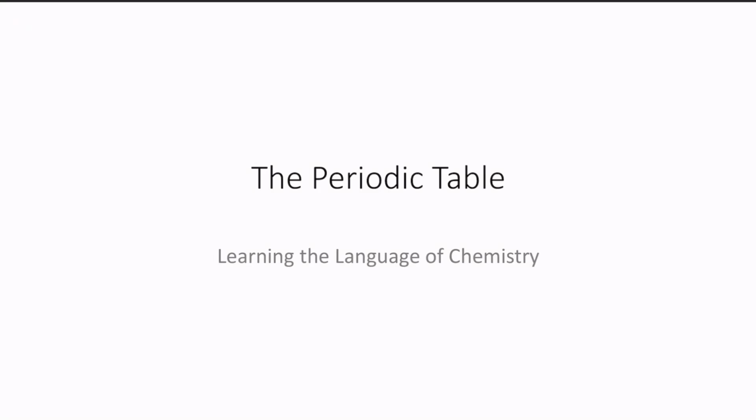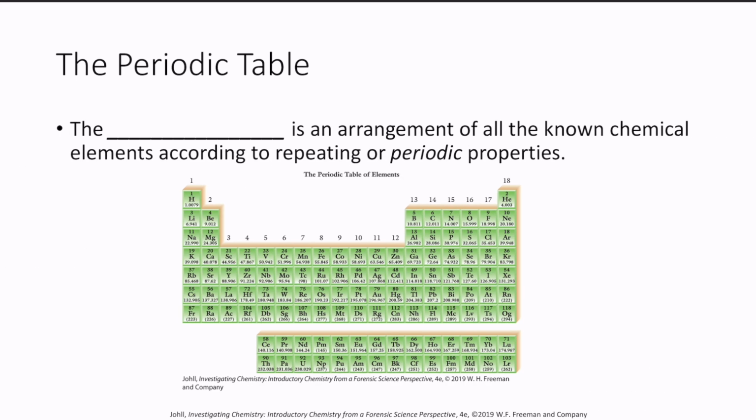In this video, we are going to talk about the periodic table, which is really kind of like learning the language of chemistry. The periodic table is just an arrangement of all the known chemical elements according to their properties.